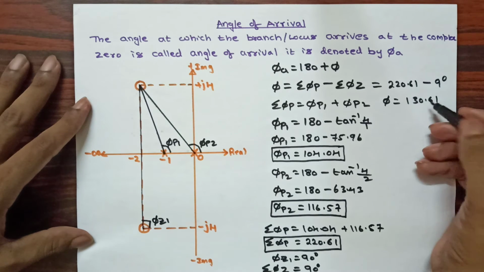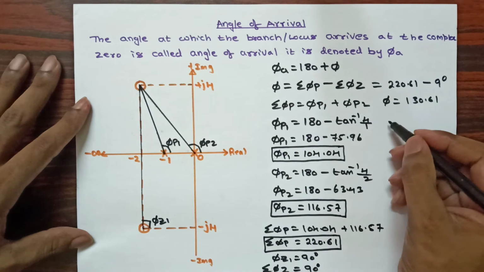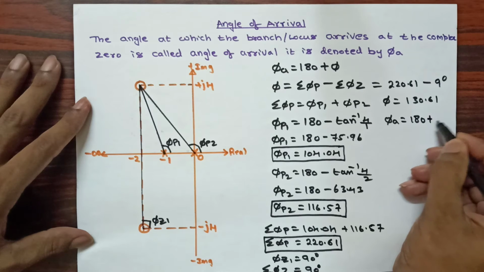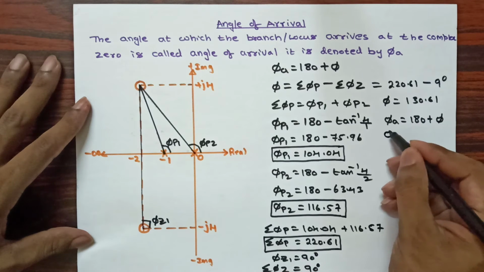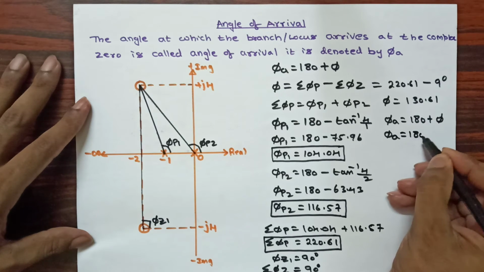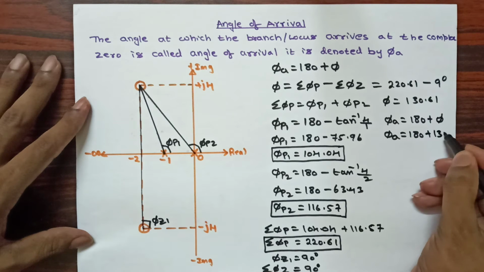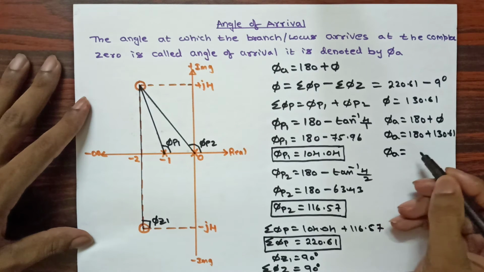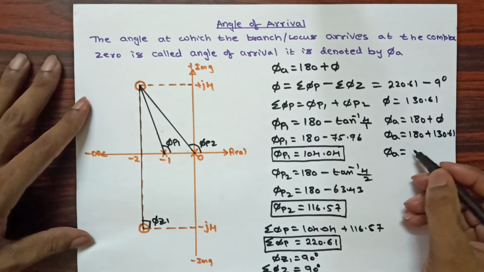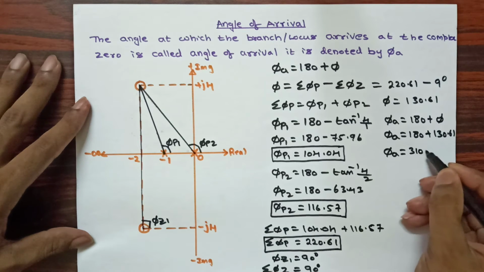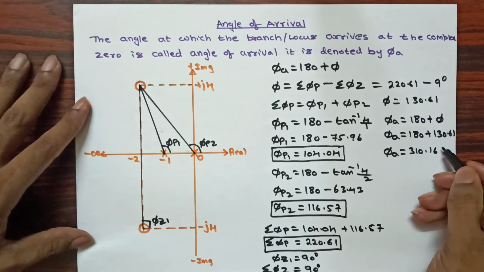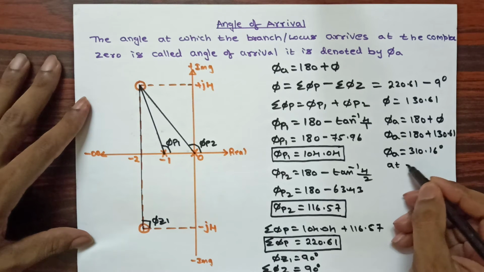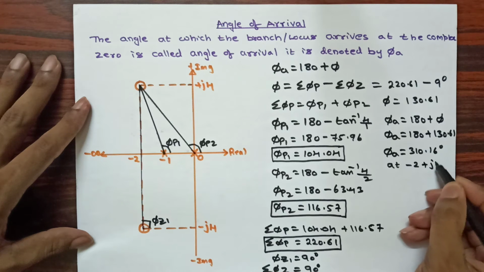Now by substituting this phi value in this angle of arrival formula, that is angle of arrival is equivalent to 180 plus phi. Now I got the phi value, angle of arrival 180 plus 130.61. Therefore here angle of arrival is equivalent to, I am getting 310.16 degree. This angle I am getting at minus 2 plus j4.